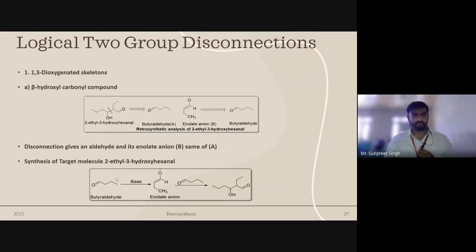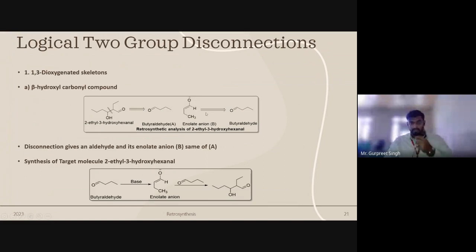The first is logical disconnections of 1,3-dioxygenated skeletons. For this I select beta-hydroxy carbonyl compounds. For this I am using the retrosynthesis of 2-ethyl-3-hydroxyhexanal. If we retrosynthesize it, it will end up in butyraldehyde and its enolate form. This is the enolate anion.